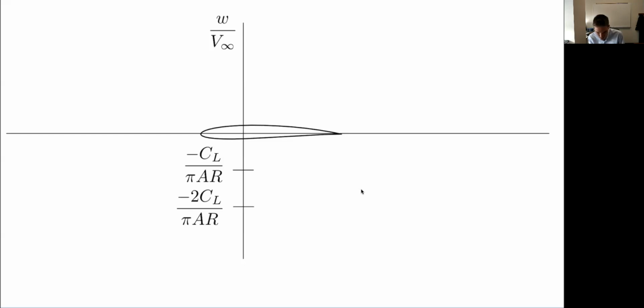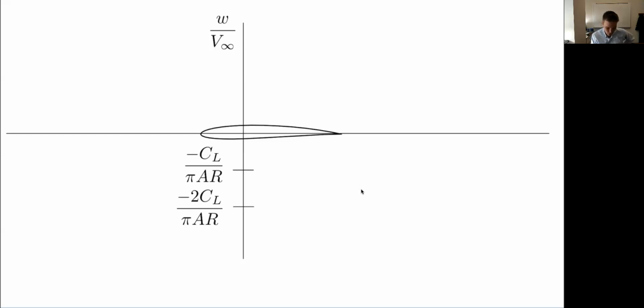If I go very far downstream, it becomes a contribution of infinite vortices, because they extend infinitely in both directions if I go far enough away. So the induced velocity from all those trailing vortices as they go further away is going to asymptotically approach twice that value. In other words, the velocity induced in the far field is going to be twice that of what we compute here in the near field.